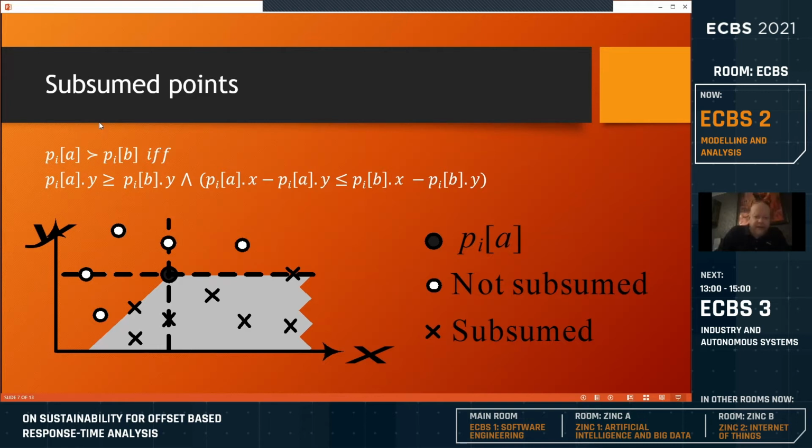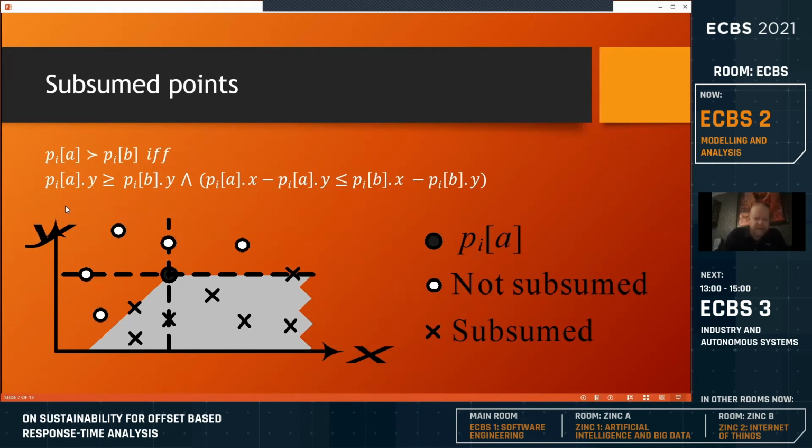We defined subsumed points in an earlier paper. Basically, if we have a point here, PA, then all points in the gray area are subsumed by this point. Those white points are not subsumed.